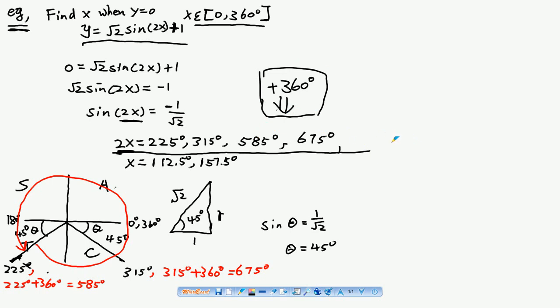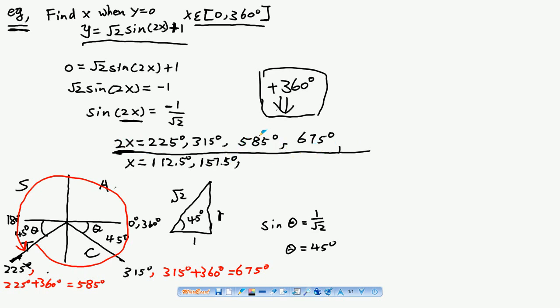Now in our question, let's stop there. We have 2x equal to these, and x equals those numbers divided by 2. Let's keep going.